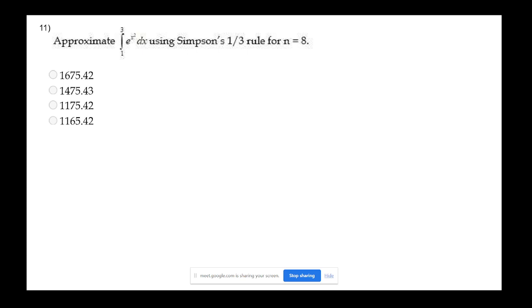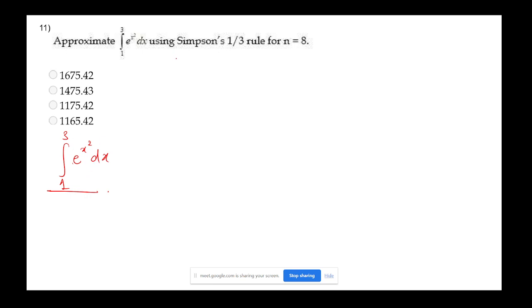So next question you are given: find integration 1 to 3 of exponential x square dx. So one way is you can try to simplify this equation.